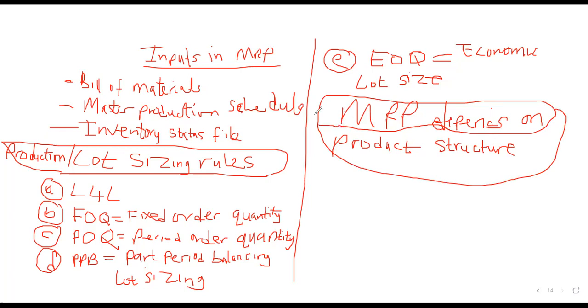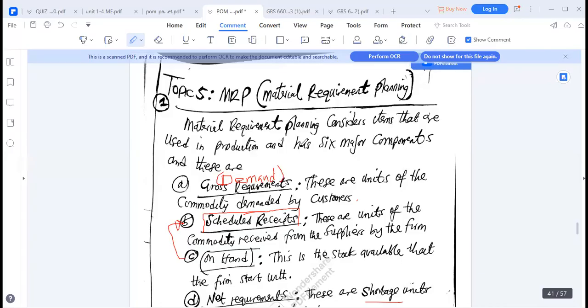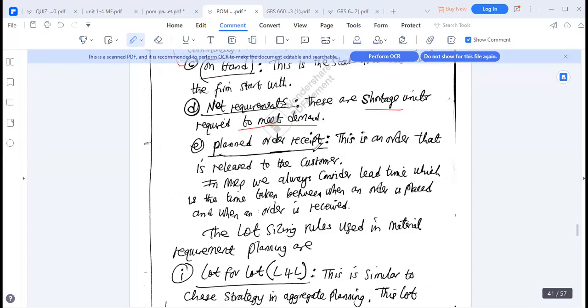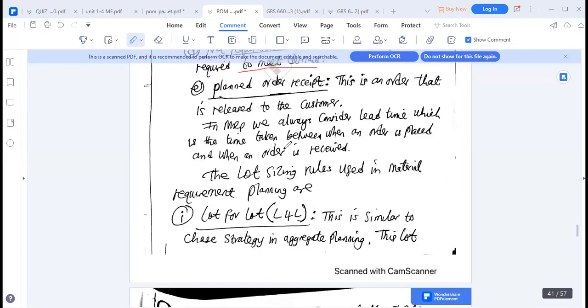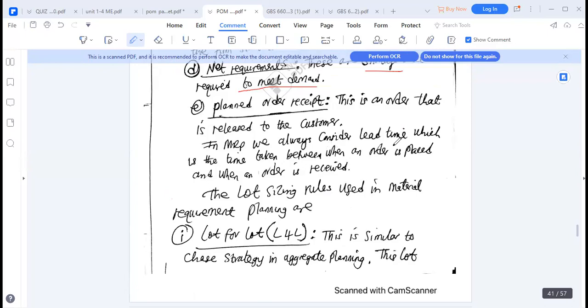All right, so now getting down to the information. Here in MRP, we always consider the lead time, which is the time taken between when an order is placed and when an order is received.